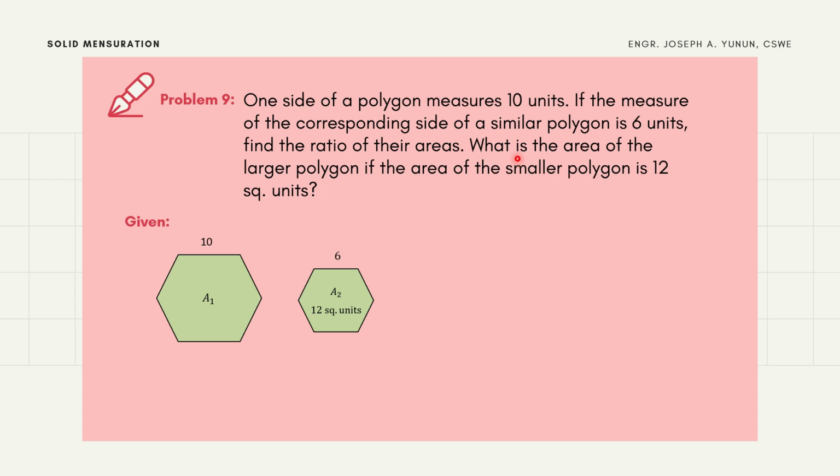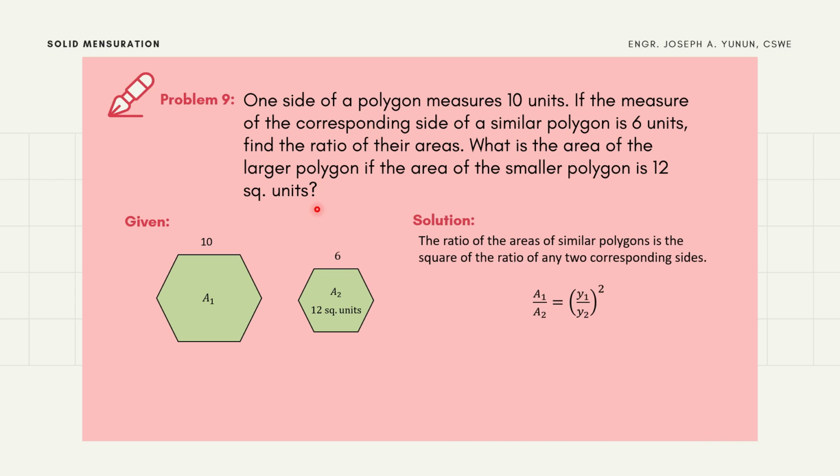For the second question, what is the area of the larger polygon if the area of the smaller polygon is 12 square units? The ratio of the areas is given as this one. A2 is 12, the side lengths are 10 and 6, area 1 is unknown, and area 2 is given as 12. Simplifying that equation, you get 12 multiplied by the square of 10 over 6.